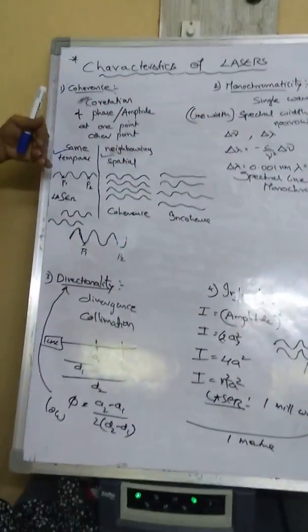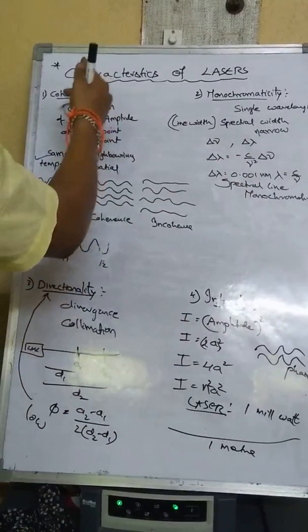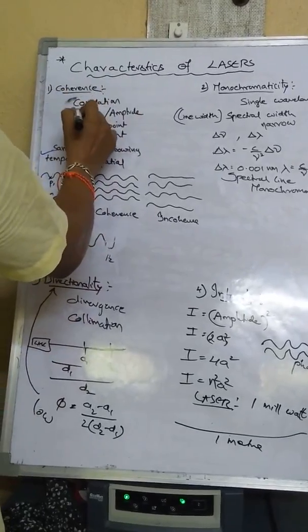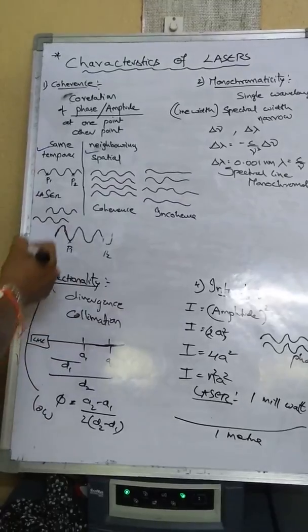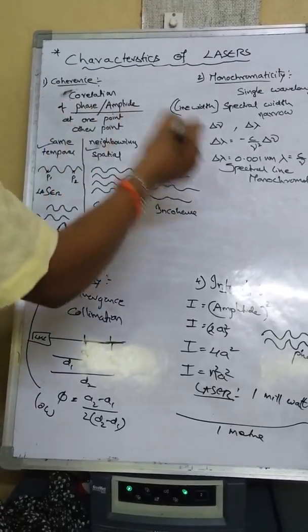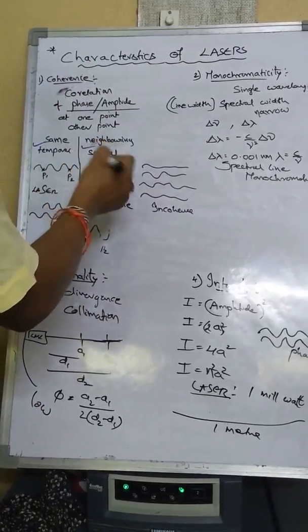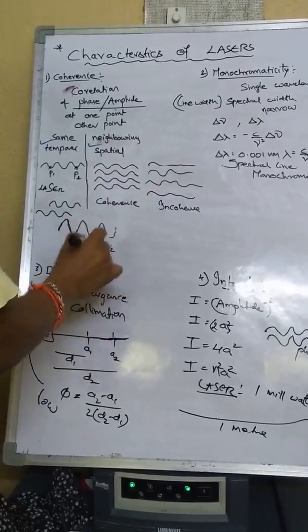And these three characteristics are due to an important characteristic called coherence, which maintains all the emitted photons at the same phase and same amplitudes at different points of the wave, but not only at different points of the wave, also in the neighboring waves it is maintaining the coherence.